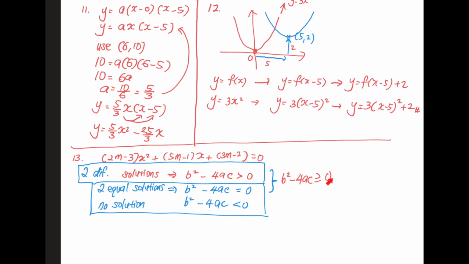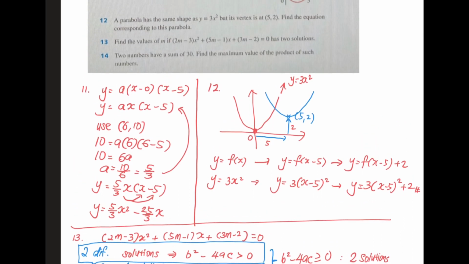Combining the first and second case, b squared minus 4ac is more than or equal to 0. Maybe I should put this as two solutions. Two solutions is where they don't mention whether the solutions are equal or different. Then in general, we just put b squared minus 4ac more than or equal to 0.